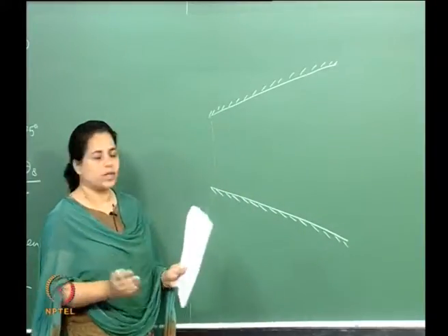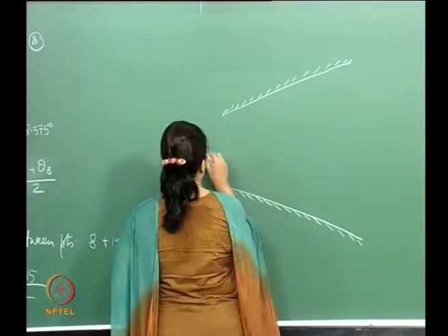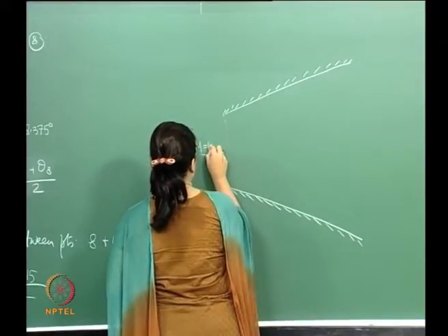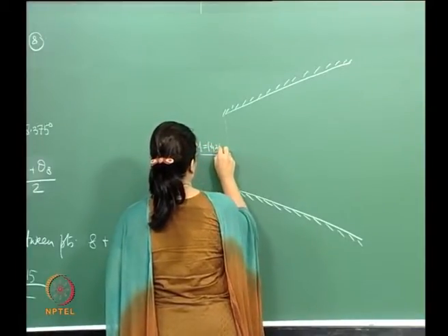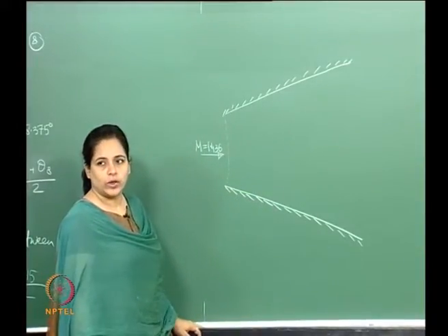It is diverging by 12 degrees. And the input Mach number coming in is 1.436.